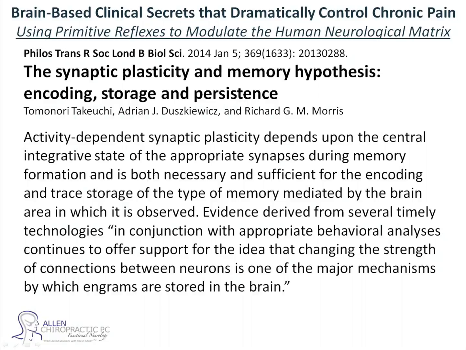Activity-dependent synaptic plasticity depends upon the central integrative state of the appropriate synapses during memory formation and is both necessary and sufficient for the encoding and trace storage of the type of memory mediated by the brain area in which it is observed. Evidence derived from several timely technologies in conjunction with appropriate behavioral analysis continues to offer support for the idea that changing the strength of connections between neurons is one of the major mechanisms by which engrams are stored in the brain.